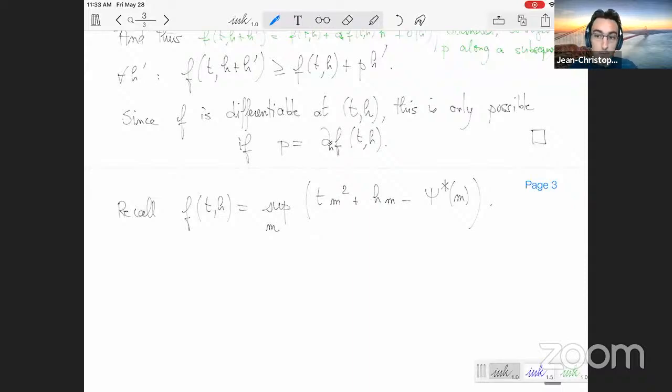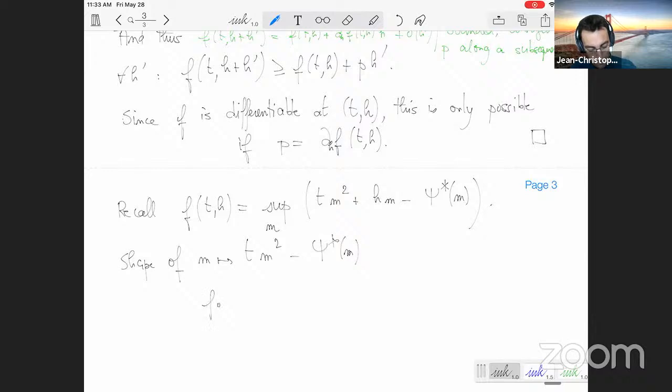If you think about this function psi star, it looks sort of like a parabola. So the shape of this function m gives tm square minus psi star of m.